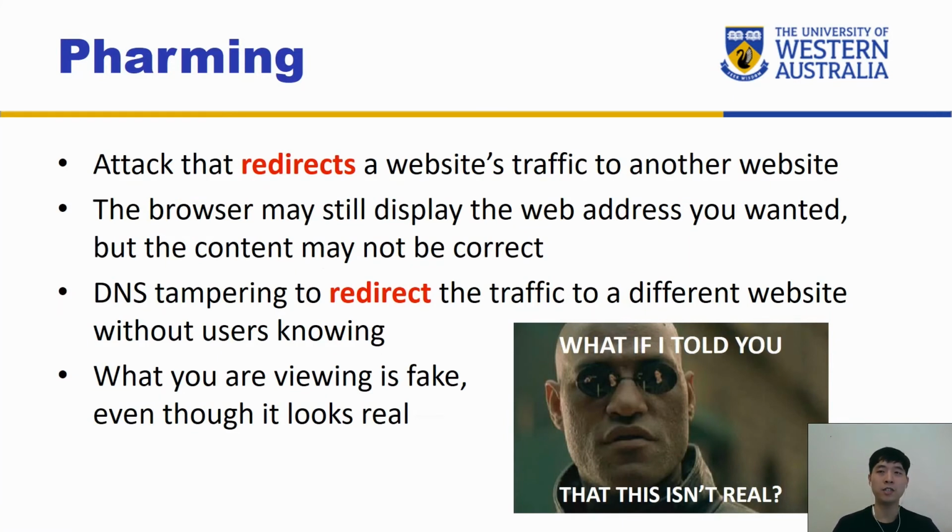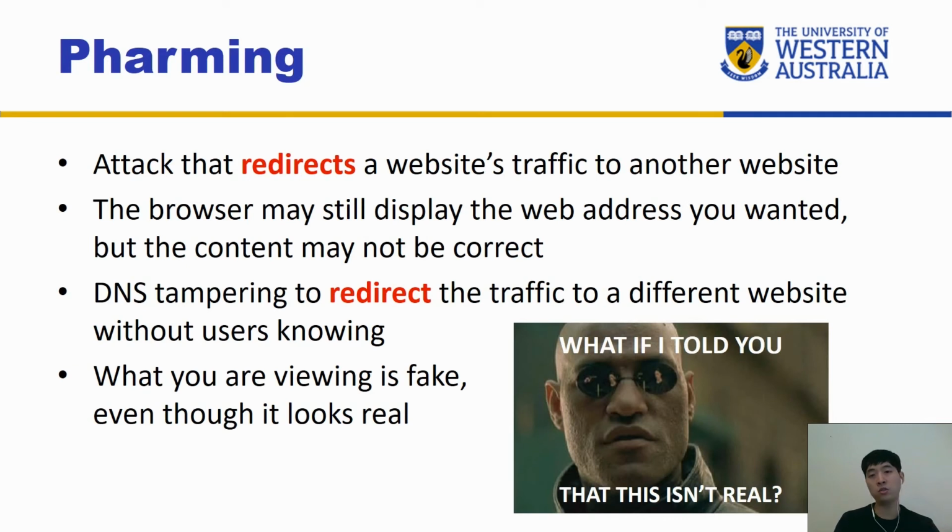But another one is pharming. What pharming does is that it's a redirection attack, which connects you to somewhere else that you're not supposed to connect to. The browser may still display the web address you wanted.